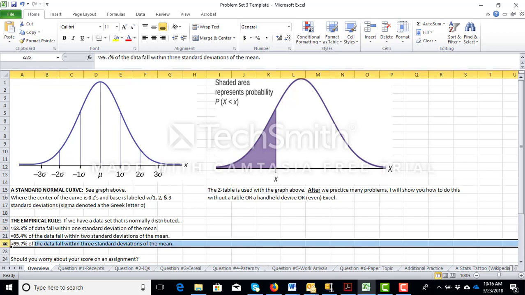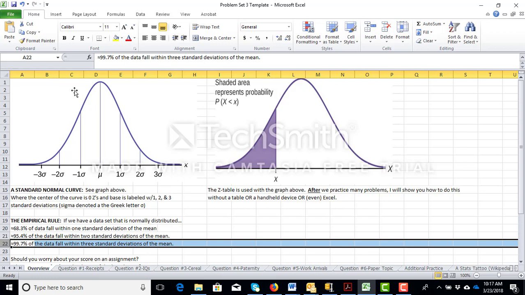Look at this last idea here. It says 99.7% of the data fall within 3 standard deviations of the mean. That means that only 0.3% would be in either of these tails. So 0.15% would be in this tail, and 0.15% would be in this tail.